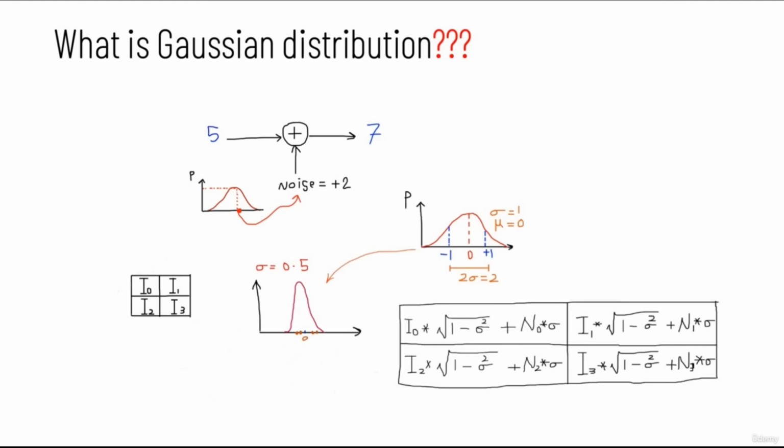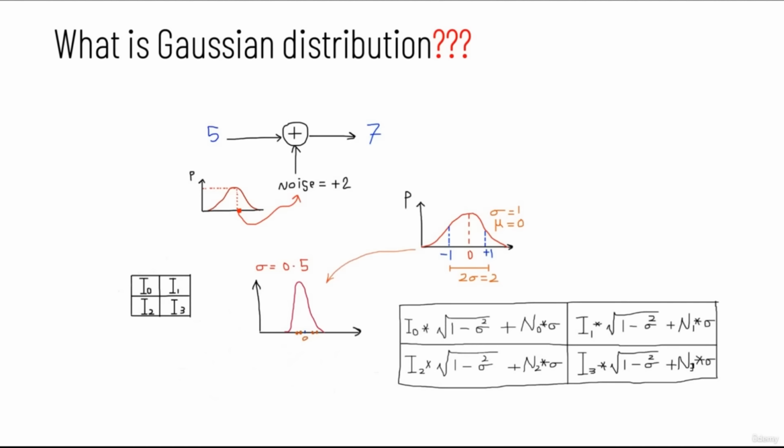And if we want to reduce the amount of noise, we need to reduce the value of the standard deviation. If we make the standard deviation something closer to 0, in this case the square root of 1 minus the variance will be close to 1. So we will multiply our original information with something very close to 1.